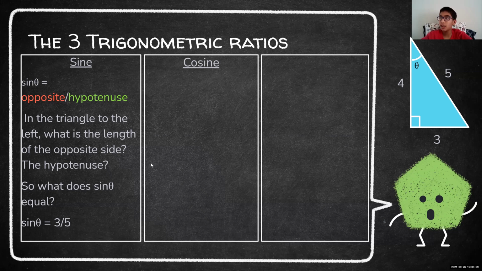Okay, cosine. So cosine is equal to adjacent over hypotenuse. Adjacent is, remember, the leg next to that angle. And hypotenuse again is just the longest side. So Colin, what is cosine of theta here?